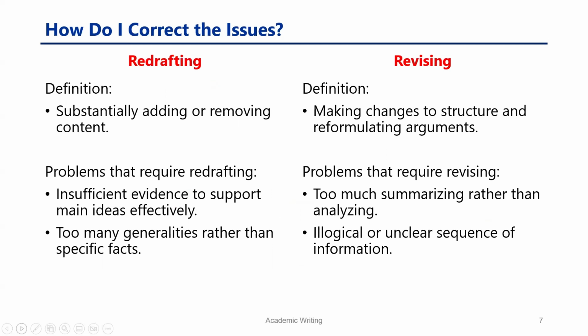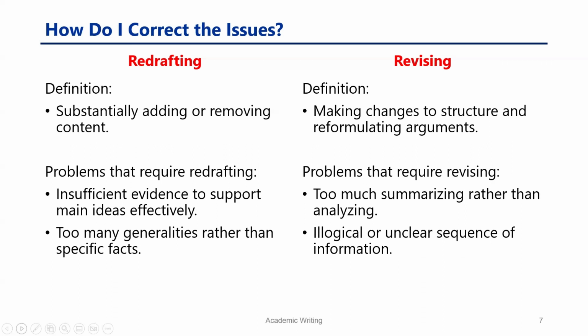Redrafting is substantially adding or removing content from your paper. The kinds of problems that require redrafting are insufficient evidence to support main ideas effectively, or too many generalities rather than specific facts.